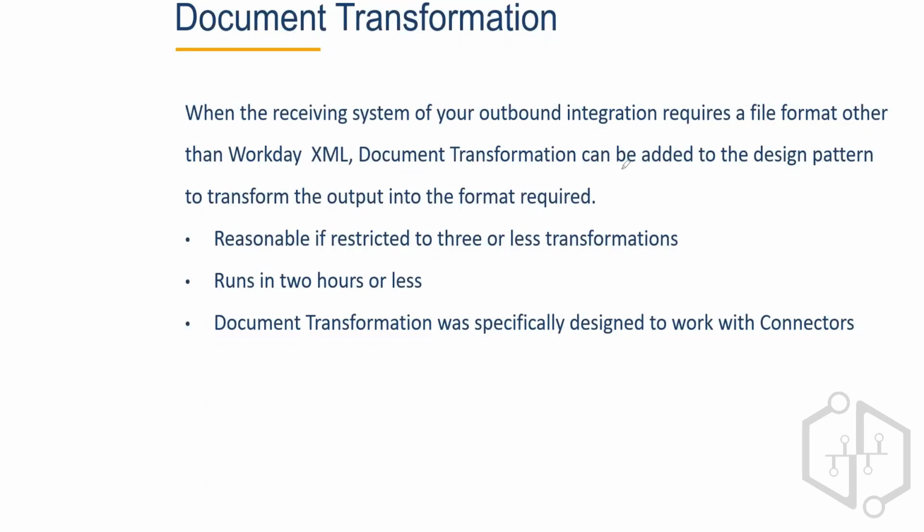So document transformation can be added to the design pattern to transform the output into the format required. It is reasonable if restricted to 3 or less transformations, runs in 2 hours or less, or document transformation was specifically designed to work with connectors. So document transformation is needed when you need to translate this XML data into a different output, either format or calculations, or however you would like to put it.